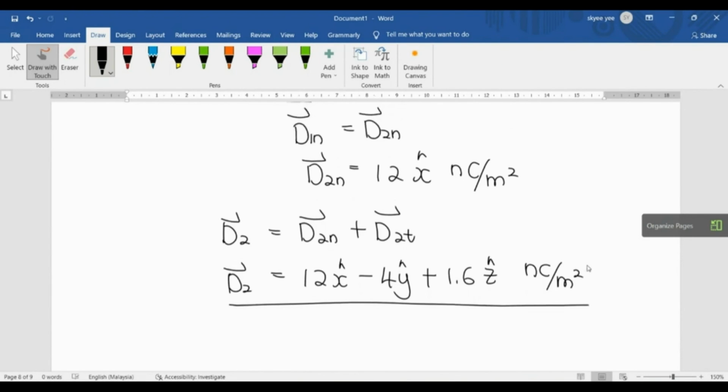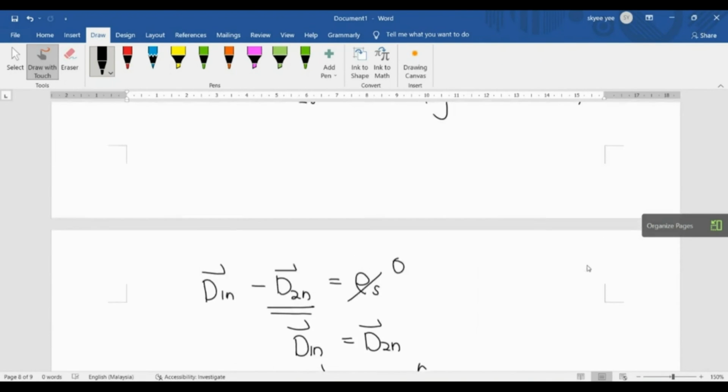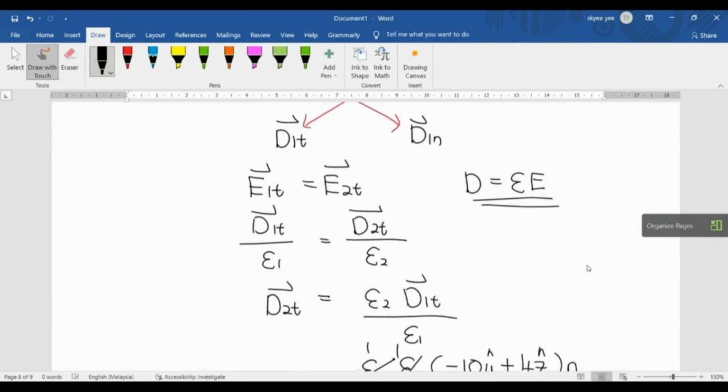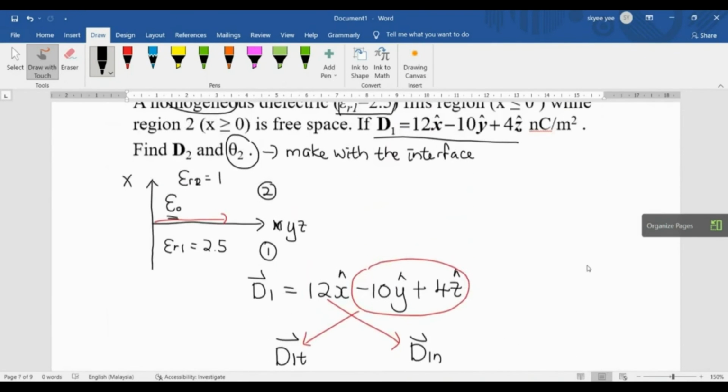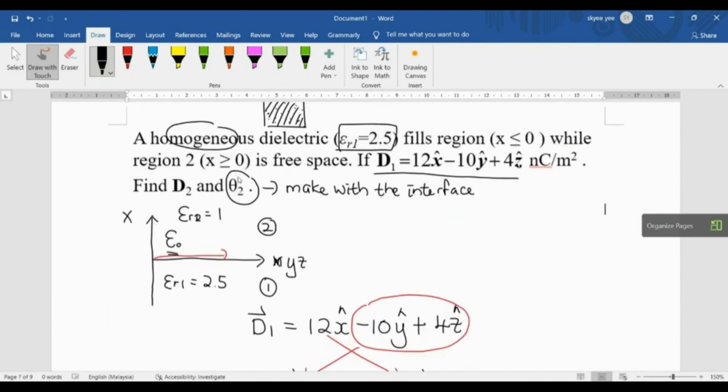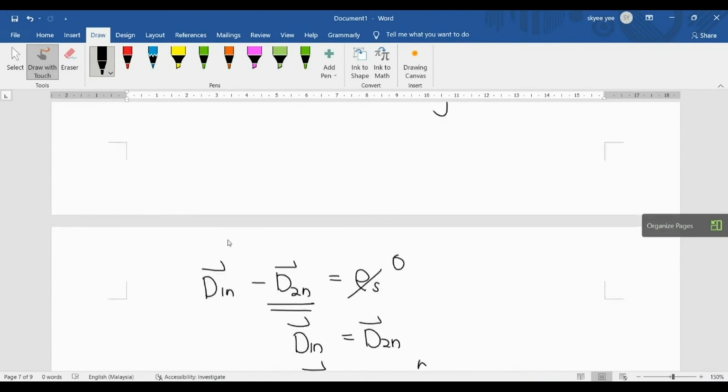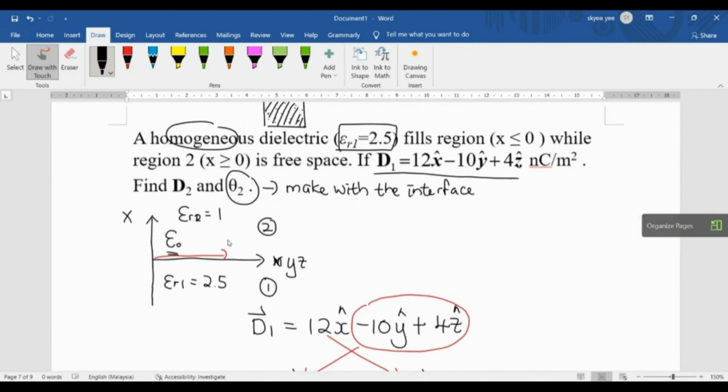Any questions so far? Okay, clear. All right, so we look for theta 2. Now you will have a flux that is positive x, and x is also positive, right? This is our D2.